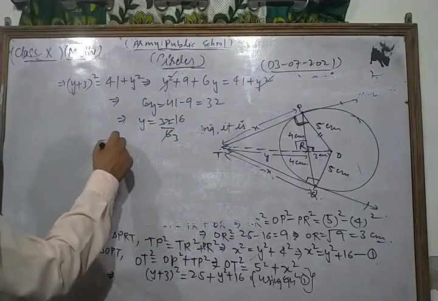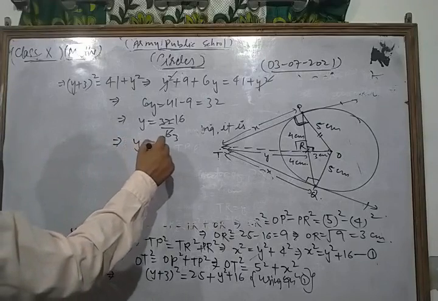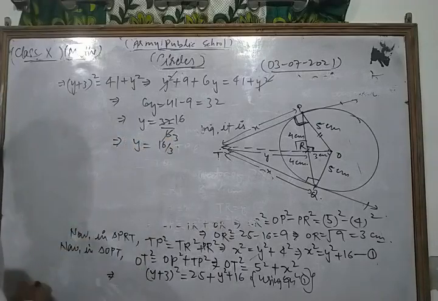So dear student, the value of Y, that is TR, is equal to 16 upon 3.